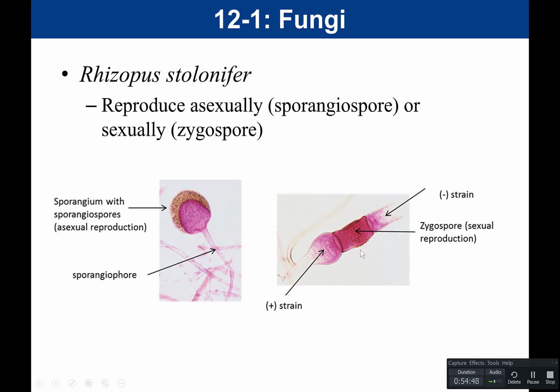On the flip side, if you see a fungal spore structure like this, it is called a zygospore. And the zygospore is used for sexual reproduction. You can see two hyphae coming together. We have this positive strain and this negative strain coming together, and they're reproducing sexually. So you want to know the names of these two types of spore structures, and then which one is sexual and which one is asexual.